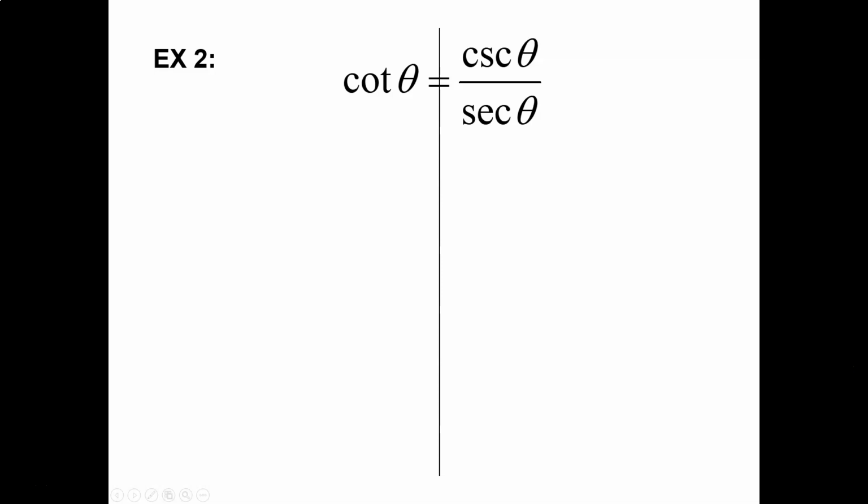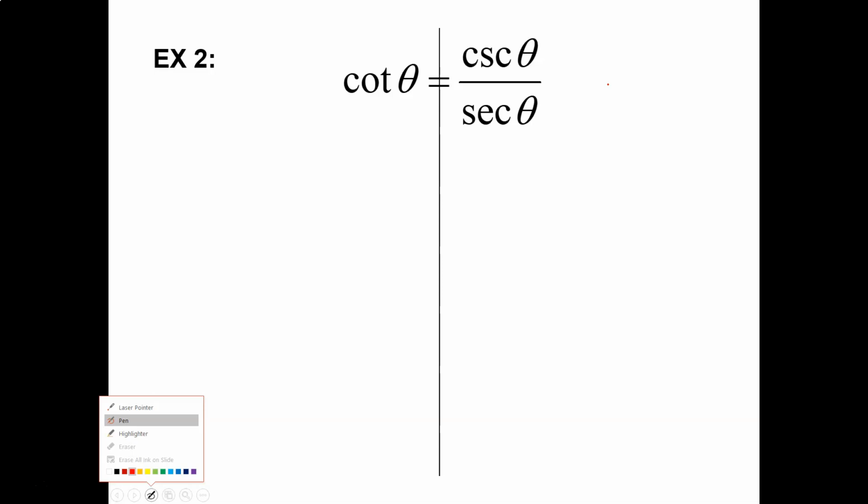All right, we've got cotangent of theta equals cosecant theta over secant theta. We have to get the two sides of this to match. The right side's a little bit more complicated because it is a fraction, so I think I'm going to start there.